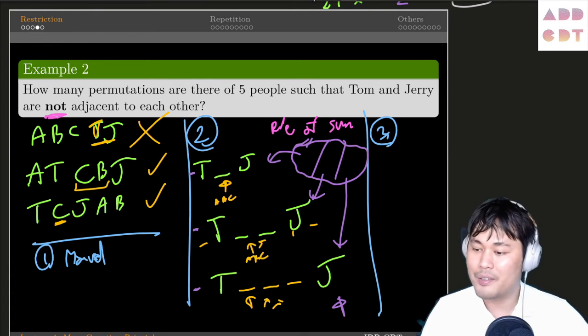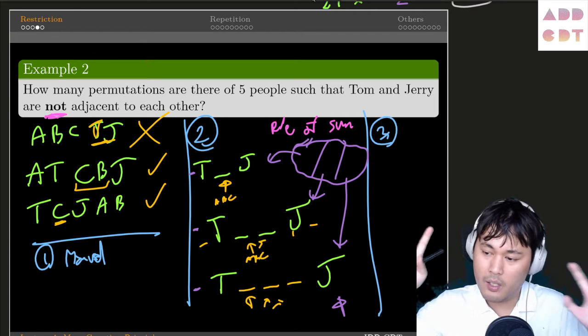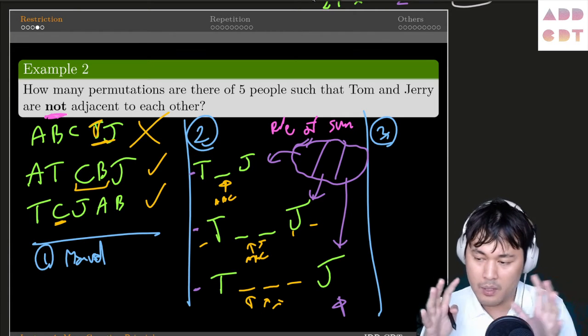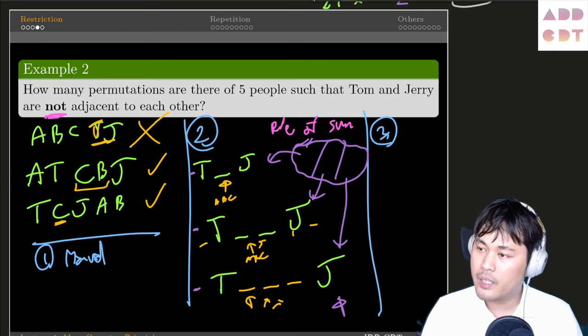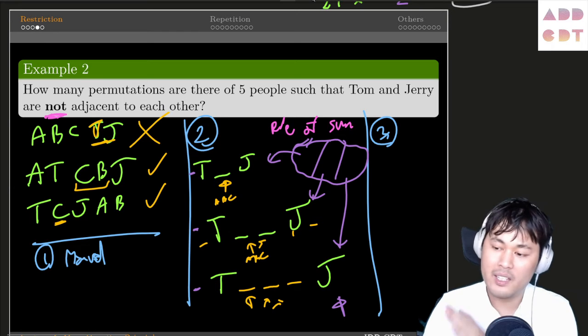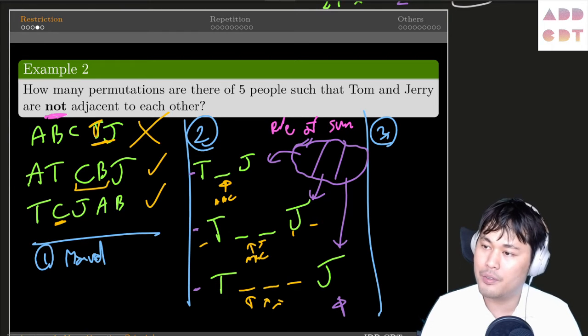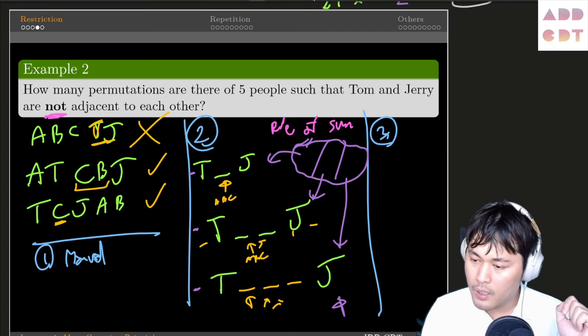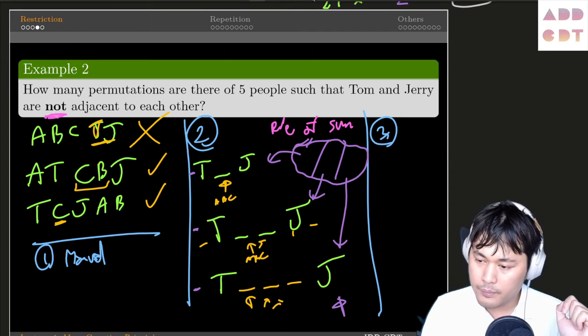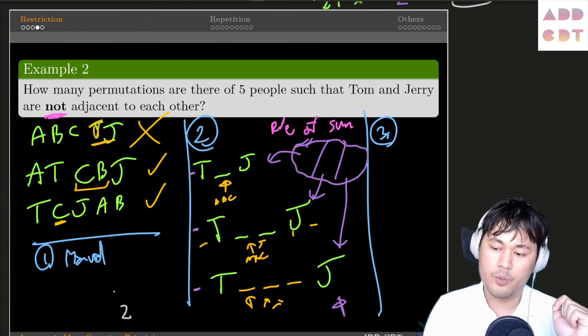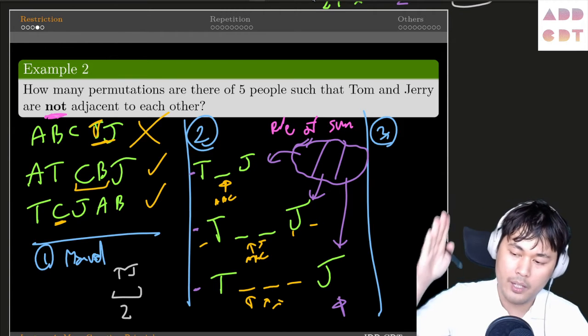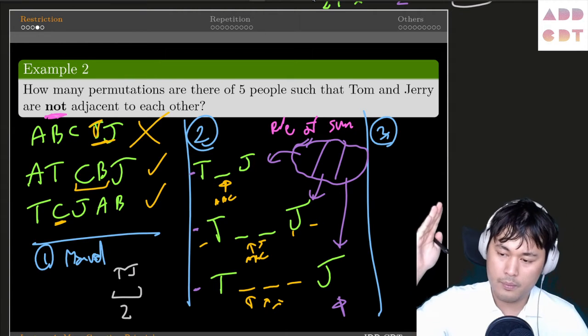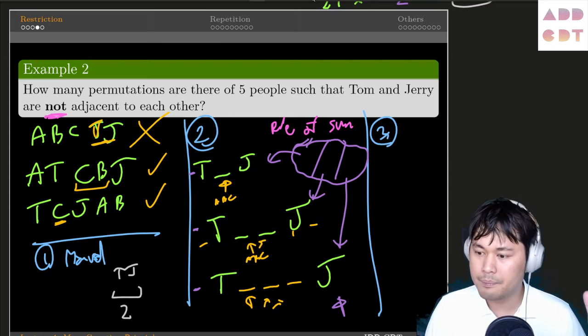Maybe this one is easier to count. Let's try that. If you want Tom and Jerry to be on the ends and A, B, and C to be in the middle, then for this part we need to use the rule of product. For Tom and Jerry there are two ways: either Tom at the front and Jerry at the back, or Jerry at the front and Tom at the back.